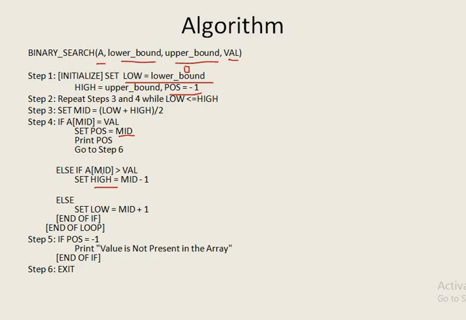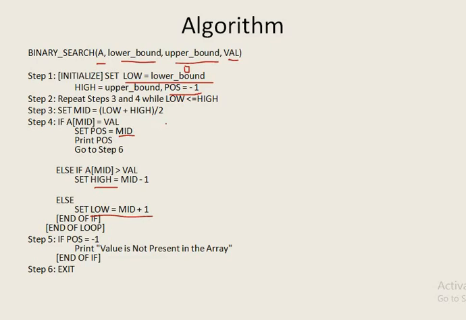Otherwise, if A of mid is less than the value, then low is set to mid plus 1. That is, the part of the array to be searched is towards the right side of the middle. This process will continue until a match is found. So this loop repeats again and again, and whenever we find a match, the program can be exited.